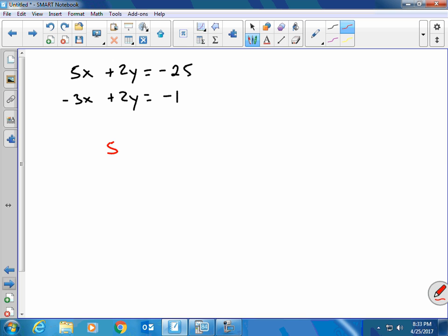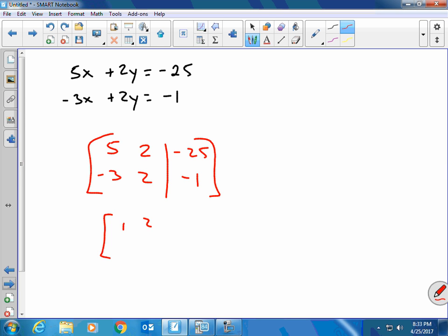Sorry, I need to make my matrix. Put the coefficients down, put the constants down. Now divide everything in the first row by itself. First row, first column's position is now a 1. Step 1 is complete. I'll go ahead and rewrite the second row just so we don't get confused.